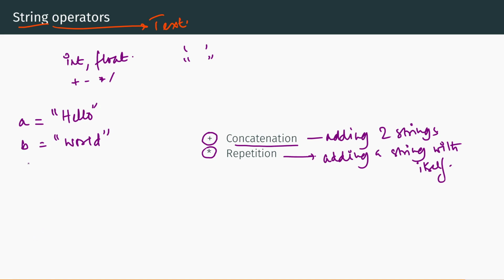So when you print a plus b, this will give you helloworld. Just note that there won't be any spaces between the hello and the world, because it does not add spaces when it joins strings.